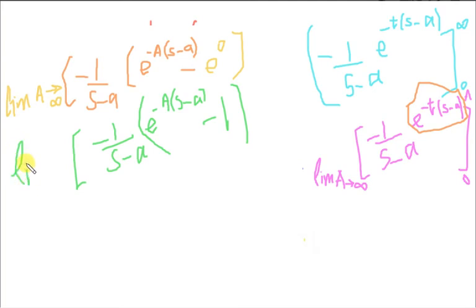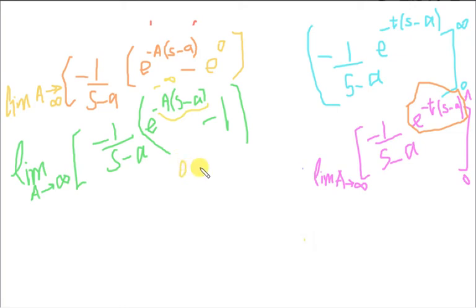Limit a approaches infinity. So let us put the limit a approaches infinity. When a approaches infinity, this term will become minus infinity, and e raised to power minus infinity is 0.